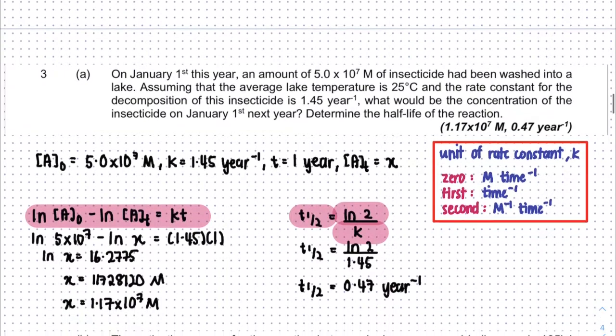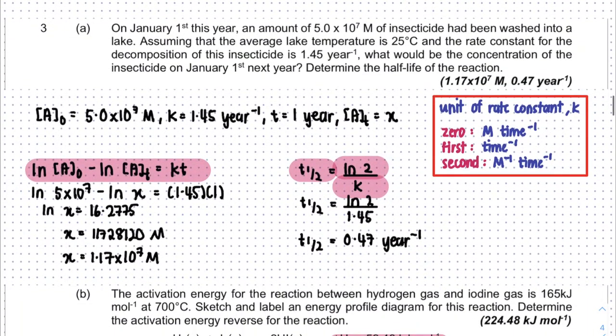Okay, next question. So, question number 3 here, okay, it mentioned that on January 1st this year, the amount of concentration of insecticide has been washed, assuming the average lake temperature is 25 degrees Celsius, and the rate constant for the insecticide is 1.45 per year.